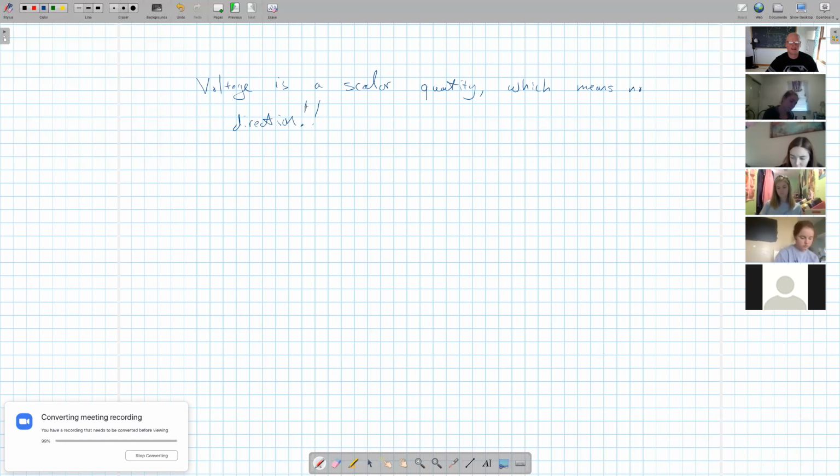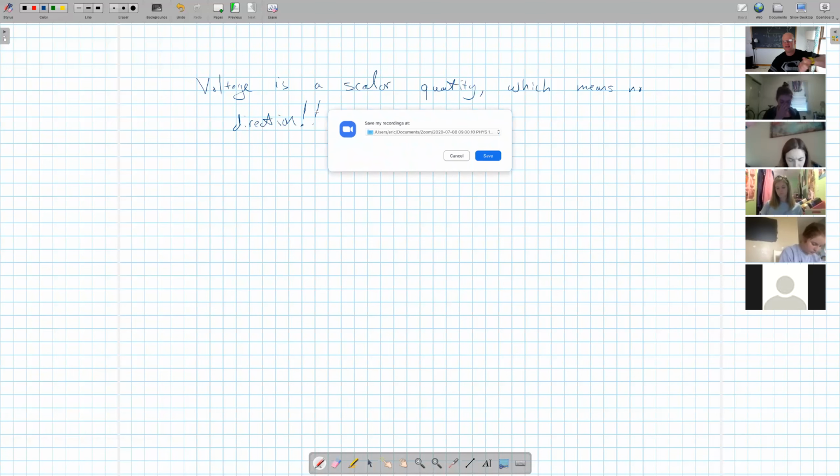So unlike things like force, or as we're going to learn, electric fields, it doesn't depend on the direction. It only depends on that between each one of these two different objects.